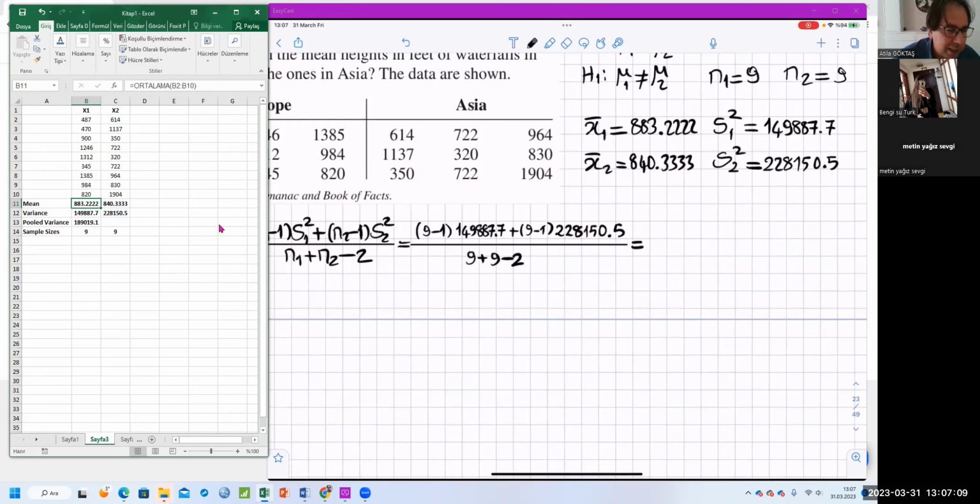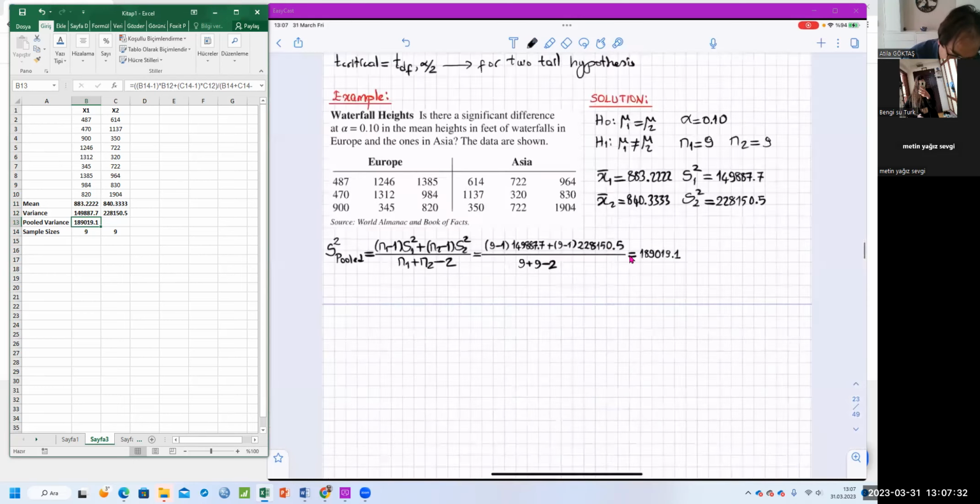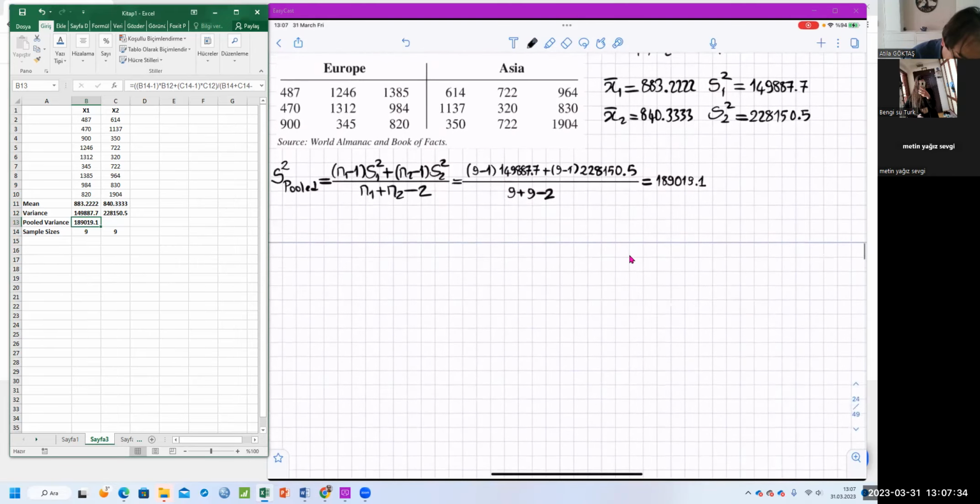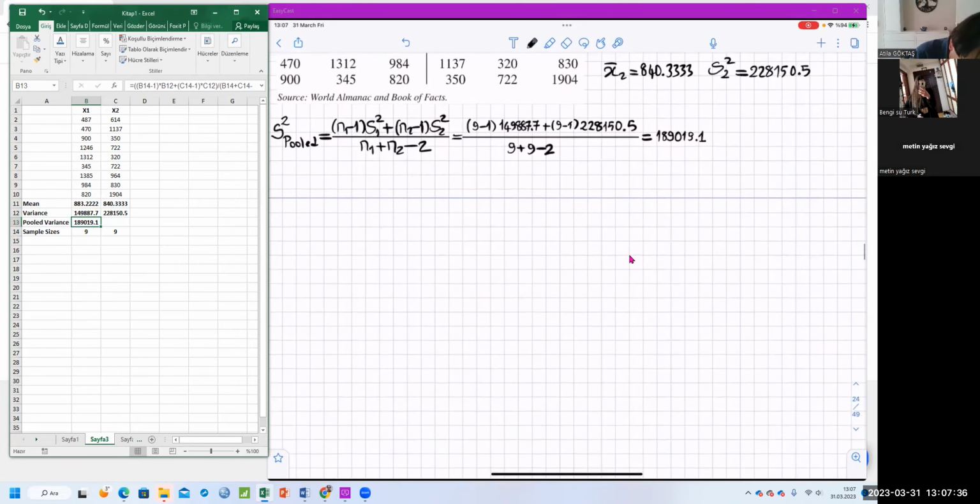In Excel, it's already calculated here. So I can directly write the result of the pooled variance, which is 189,019.1. Okay, so that's the pooled variance, and I can now easily perform the T-calculated statistics.